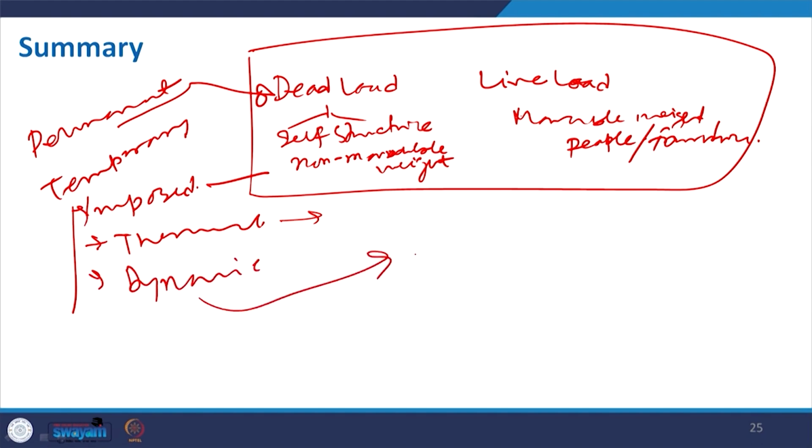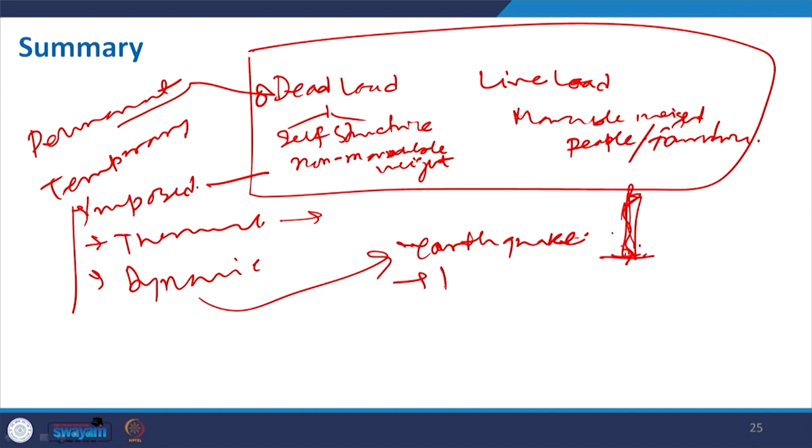Under dynamic load, there is the load caused by earthquake, the motion of the ground which disturbs the equilibrium of the structure, and your building starts shaking, and when it goes beyond its resistance it will collapse.